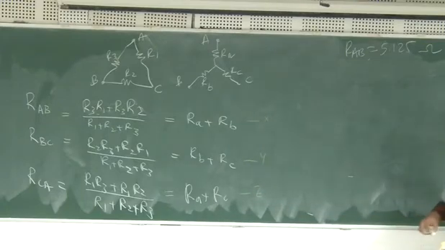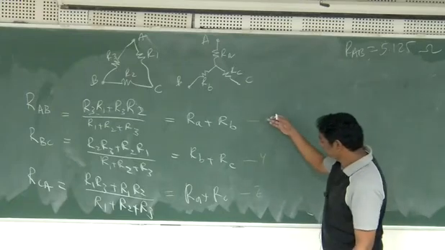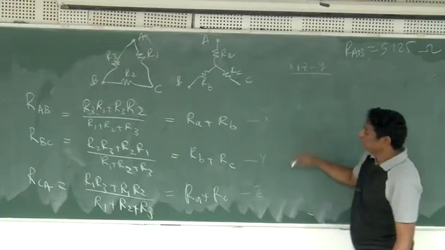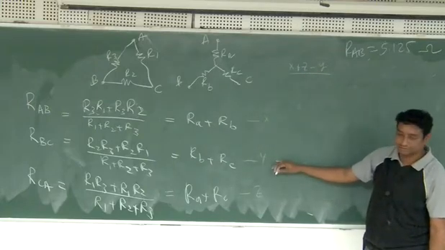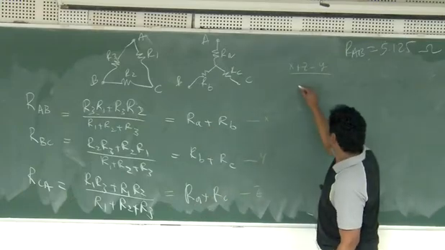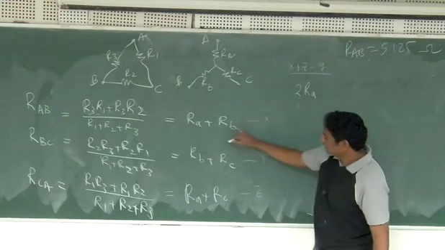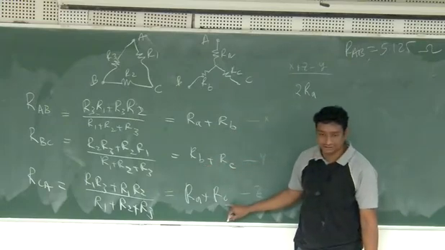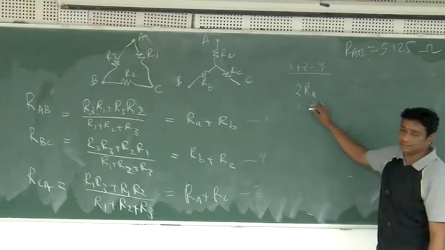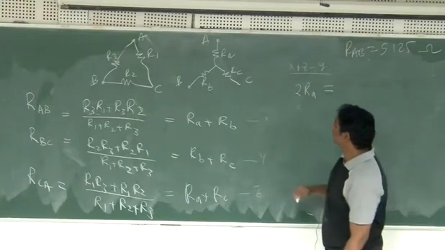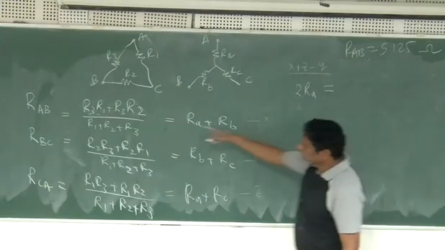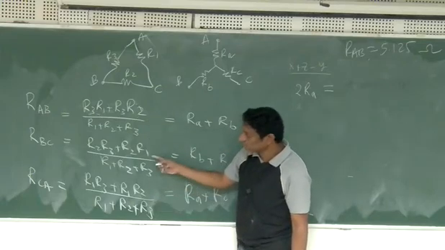If I want RA, then what I'll do is X plus Z minus Y. Add X and Z and then subtract Y. So 2RA. RB minus RB, RC minus RC gets cancelled, so only RA is there. This plus this minus this one.